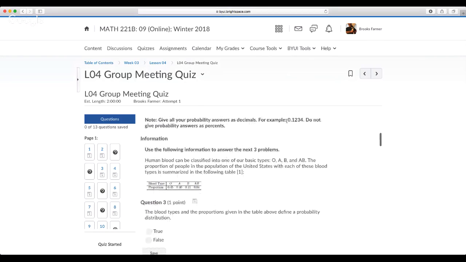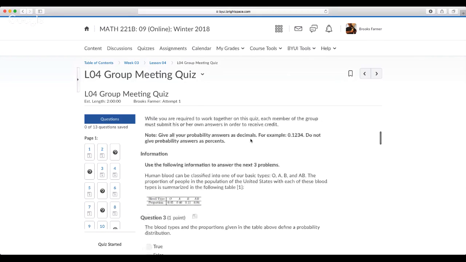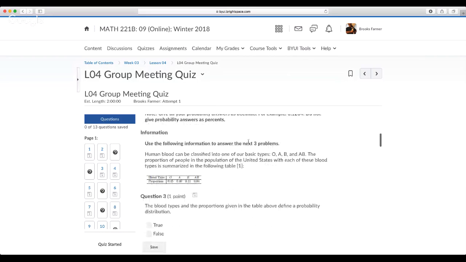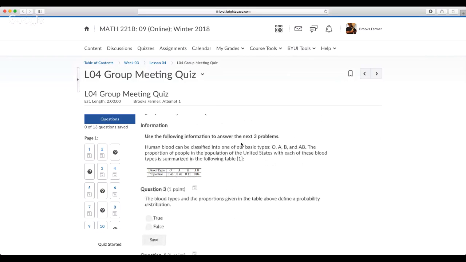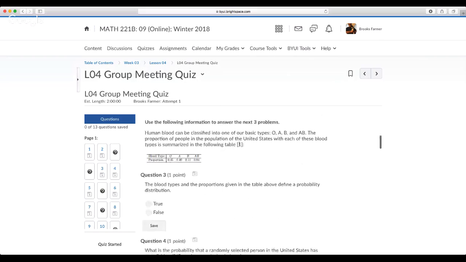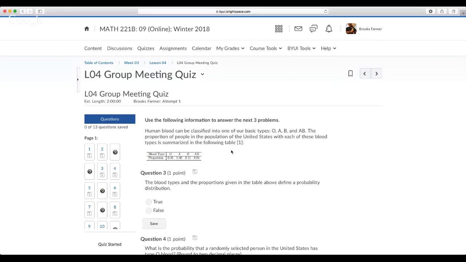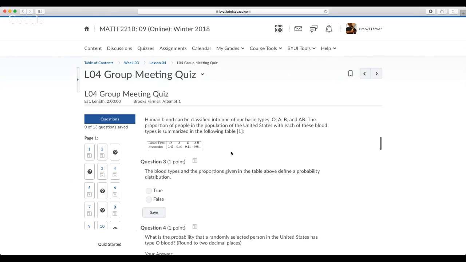Okay, so the first couple questions on the quiz are personal. Give all your answers as decimals and do not give probabilities as percent. The first question I'll read: the blood types and proportions given in the table above define a probability distribution.